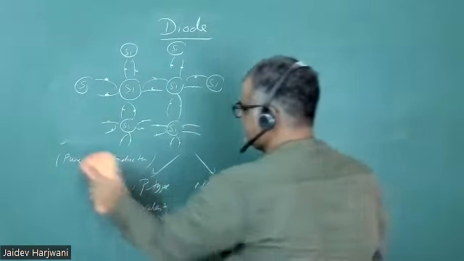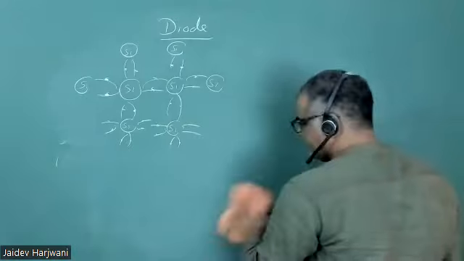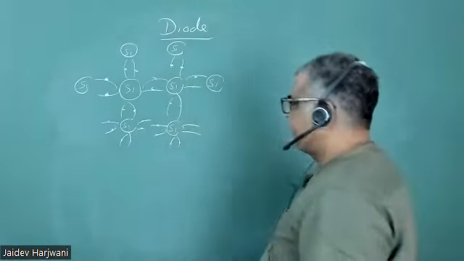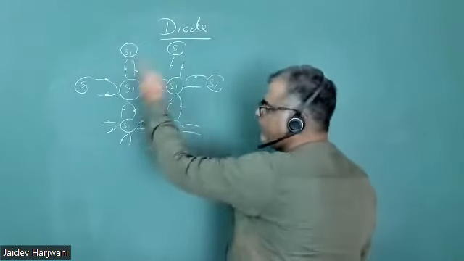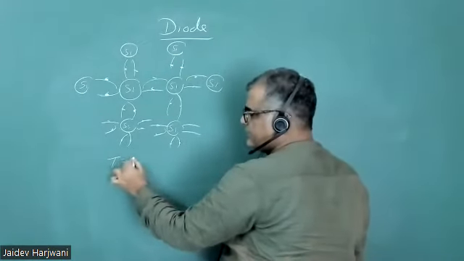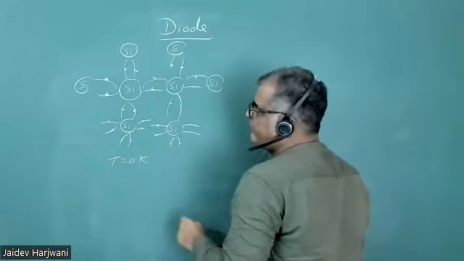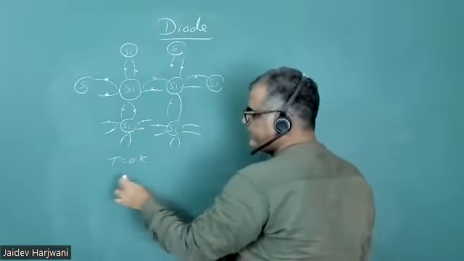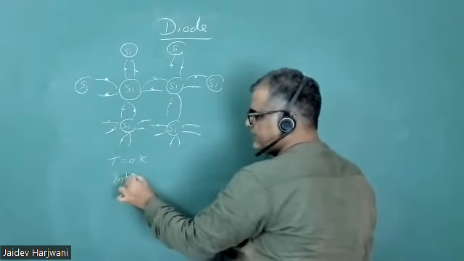Valence band means all electrons are in bonding. If I say no bond is broken at T equal to 0 Kelvin, we don't have any free electron for conduction. At T equal to 0, your intrinsic semiconductor behaves like an insulator.